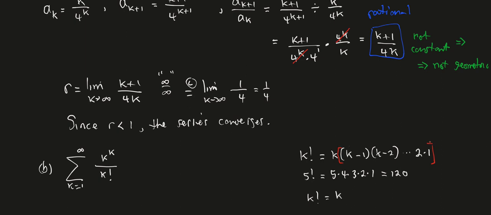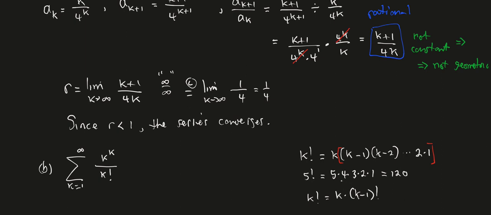What I have in the red brackets is another factorial because it's now starting at k minus 1 and multiplying all the integers down to 1. So I can write this as k minus 1 factorial. So k factorial, here's a recursive definition, is k times k minus 1 factorial. What I wrote on the first line here is the explicit definition. Here is the recursive definition.